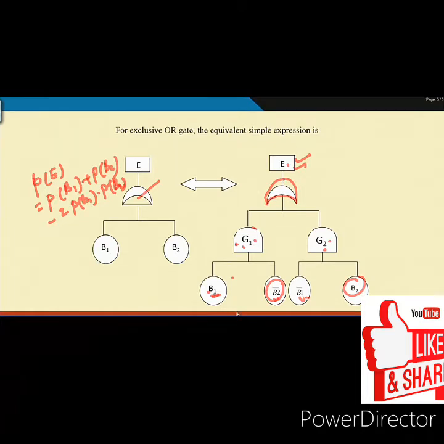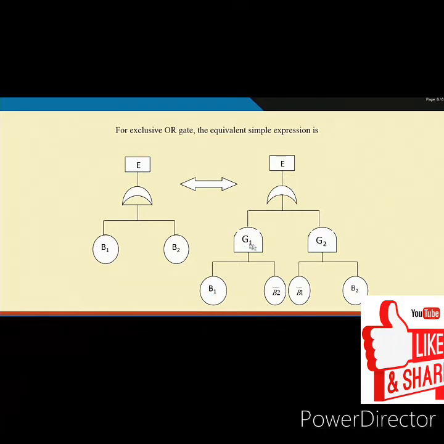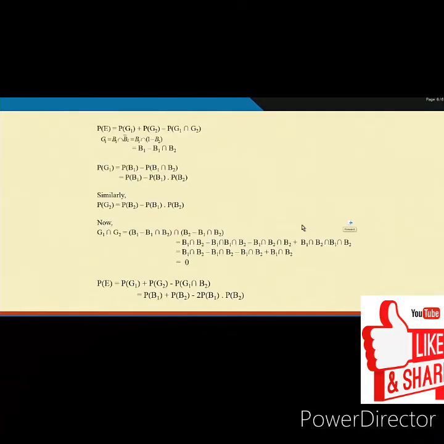So, this is equivalently represented by this probability representation. Now, if you want to compute the probability, this is the computation. Probability of E: it is linked with gates G1 and G2 by an OR gate, so the top event probability is the immediate child event probabilities, PG1 plus PG2 minus their intersection, as you have seen for the OR gate.